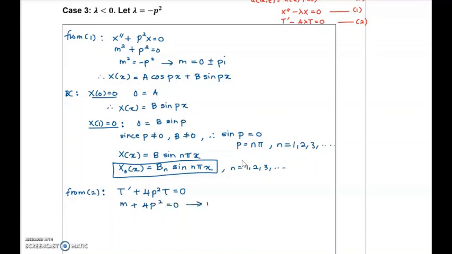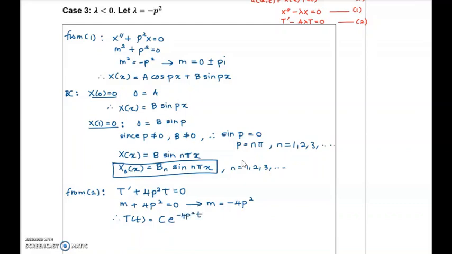We only have one root, so we consider it as the distinct root case, meaning the solution is T of t equals constant c, exponent negative 4 p squared t.